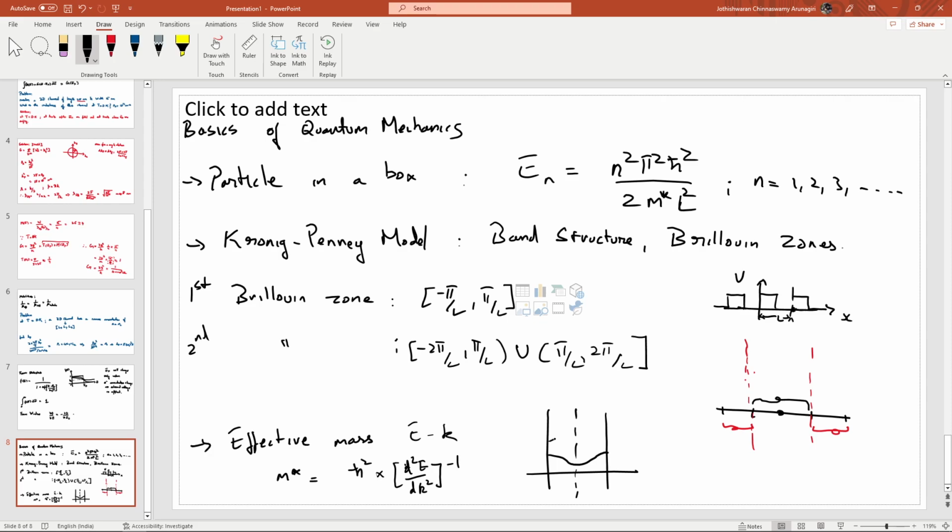And the second band will be like this, and so on and so forth. So we will have different bands going up. What I'm asking is, what will happen somewhere in the middle of this Brillouin zone? What will be the effective mass? Just look at this formula and give me a guess.